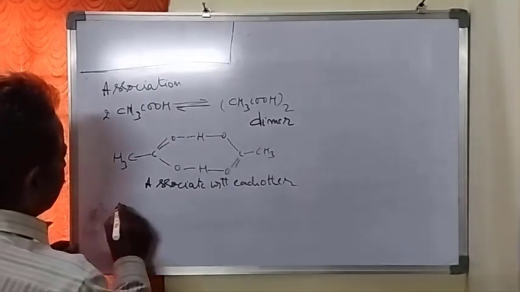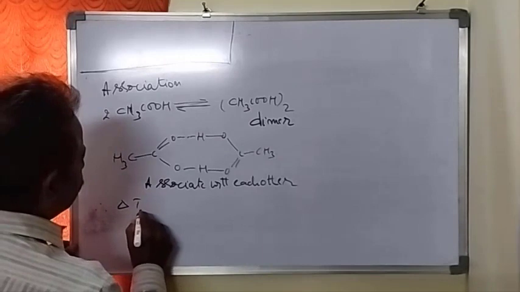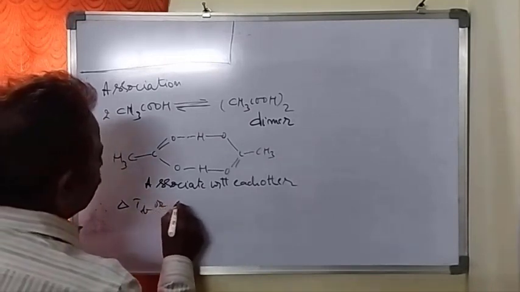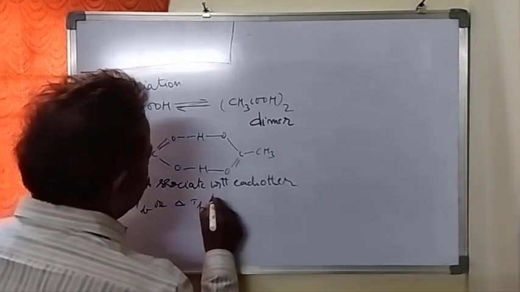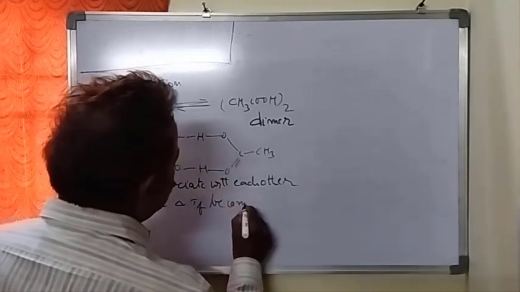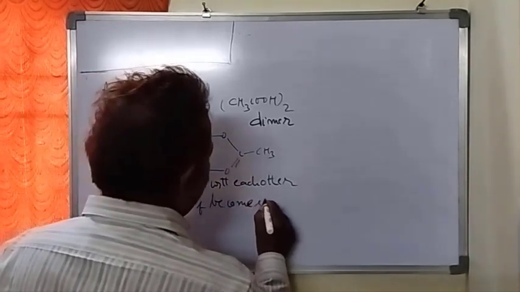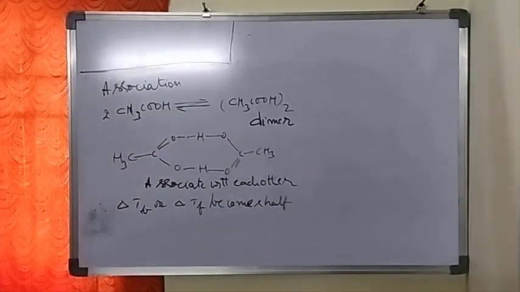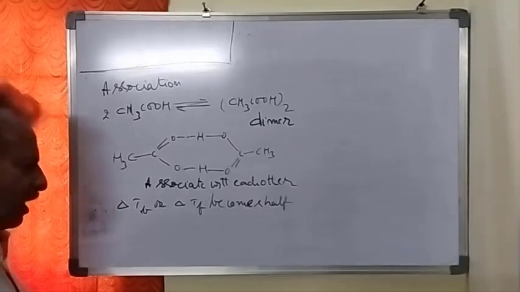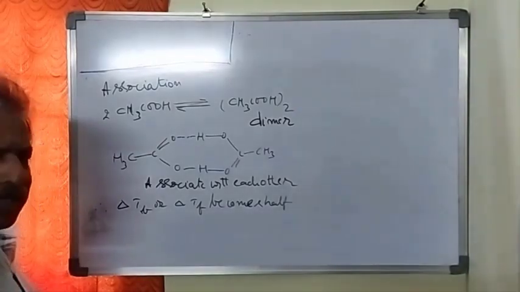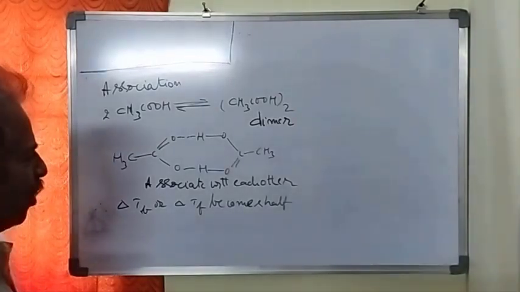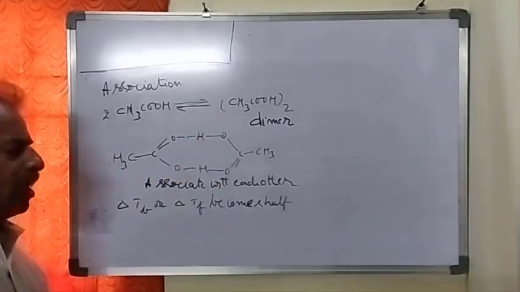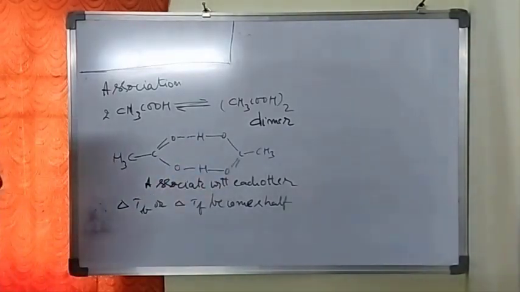Therefore delta TB or delta TF becomes less, whereas previously in case of potassium chloride which dissociates, delta TB or delta TF becomes double as the number of ions increases to double, whereas here the number of associated particles decreases to half.